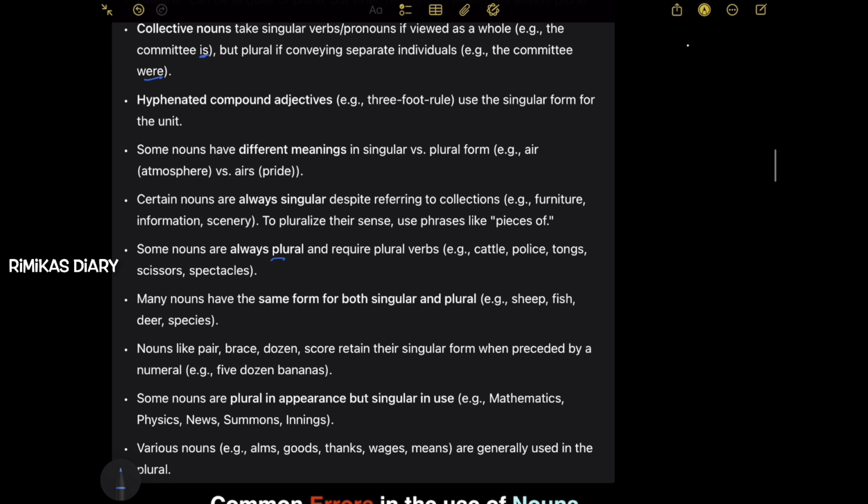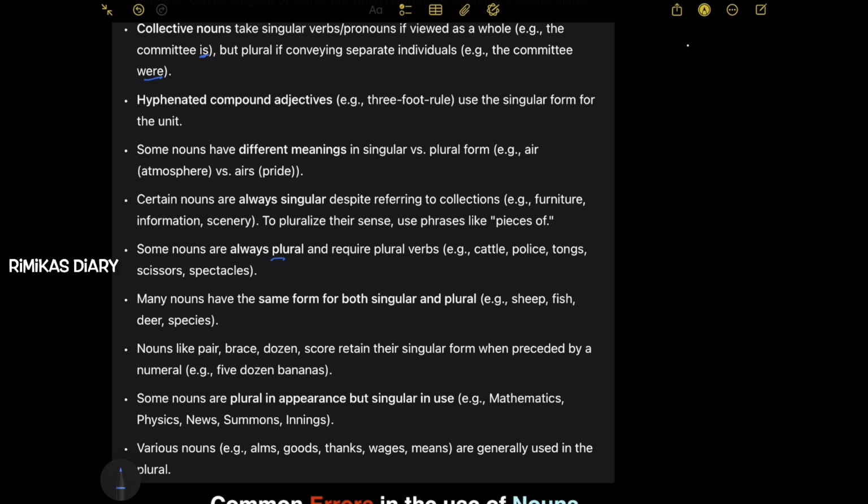Next, many nouns have the same form for both singular and plural. Example, sheep, fish, deer, species. Nouns like pair, brace, dozen, score retain their singular form when preceded by a numeral.